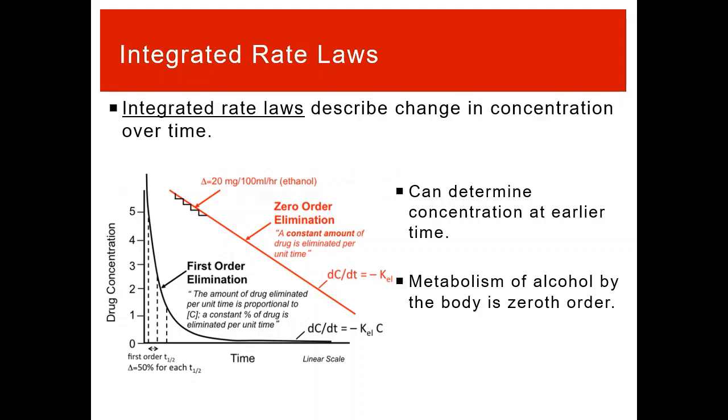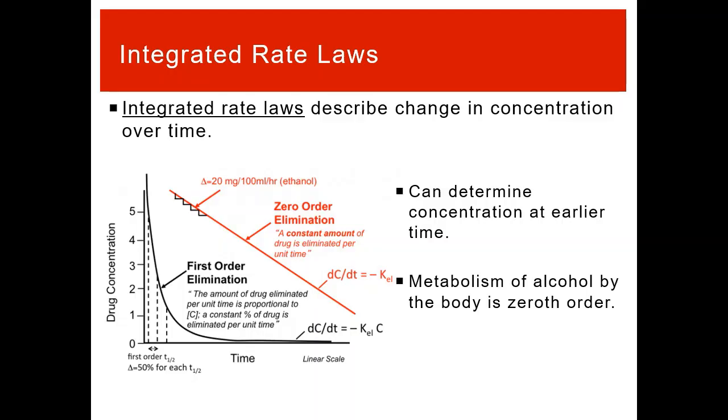So if you know the concentration of alcohol in someone's blood right now, you could figure out what it was at an earlier time point, say 2 hours ago or 12 hours ago. You can always go through that because we know how it changes over time. So you can not only predict how things will move into the future, but also reverse.